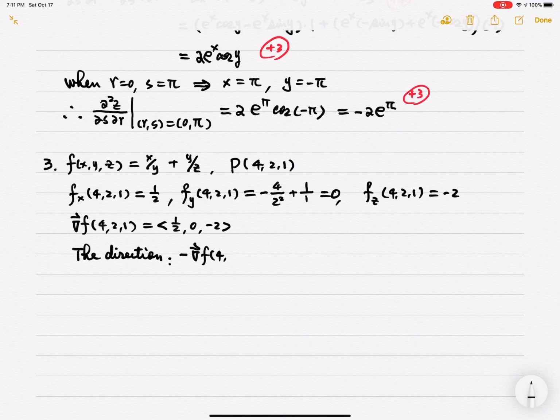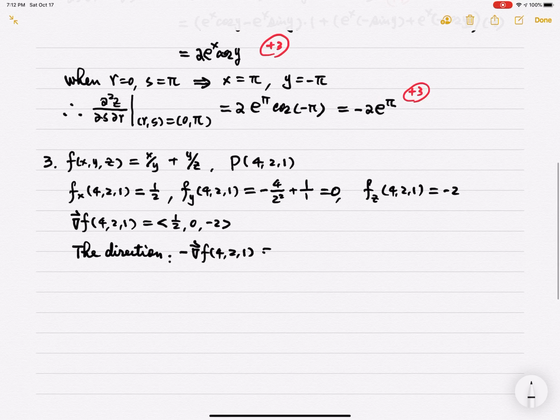Because in the direction of the gradient vector, the function increases most rapidly, and in the opposite direction, the function decreases most rapidly. Then this is equal to (negative 1/2, 0, positive 2).